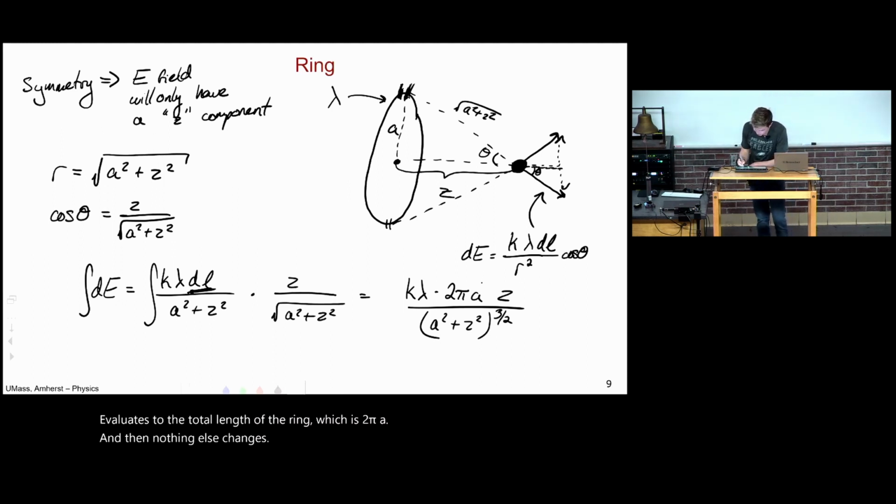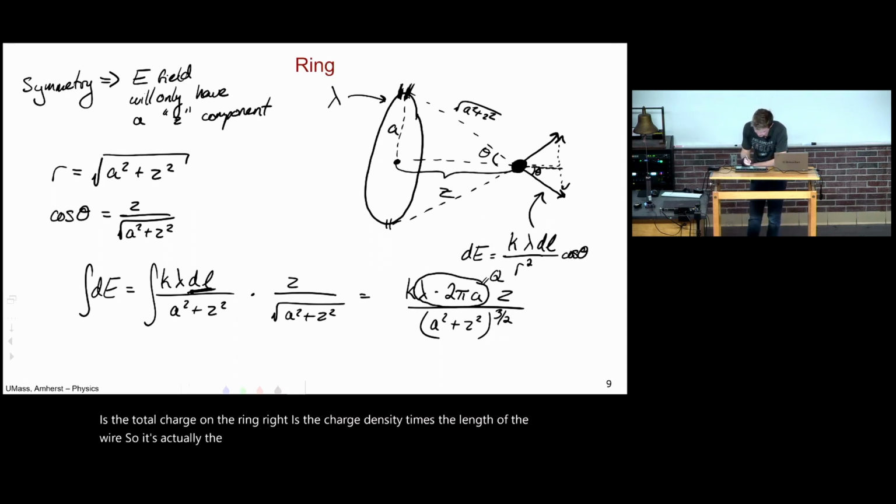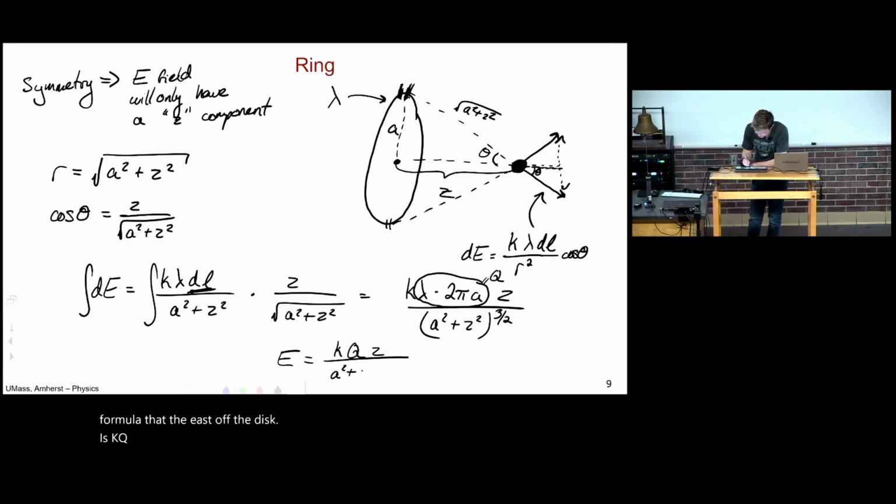Okay, and coincidentally, lambda times 2 pi a is the total charge on the ring, right? It's the charge density times the length of the wire. So it's actually the total charge on the ring. So this leads us to our formula that the E off the ring is k Q z over (a squared plus z squared) to the 3/2.